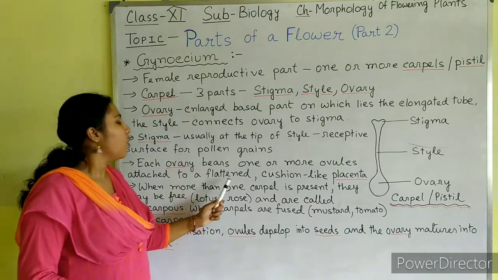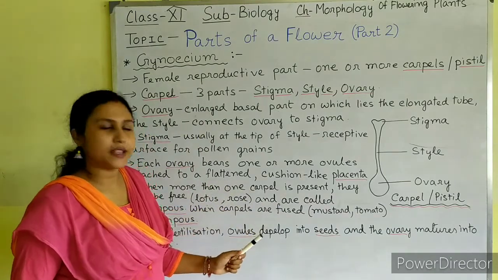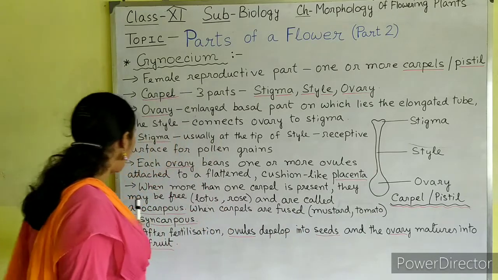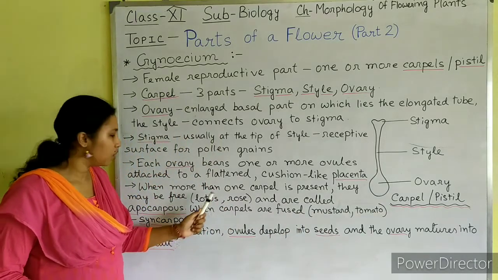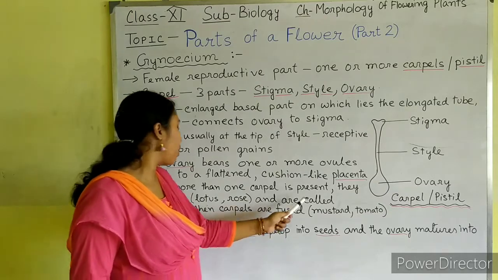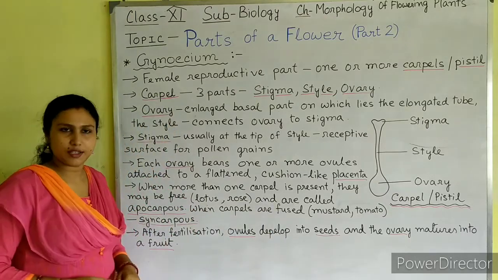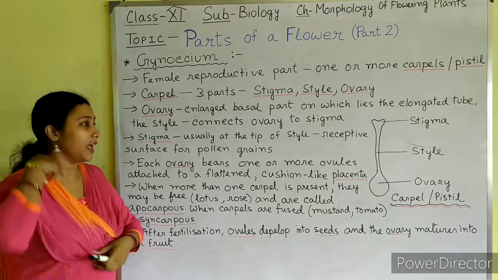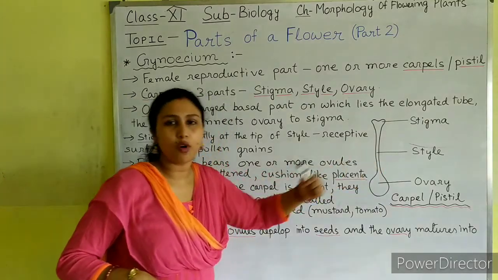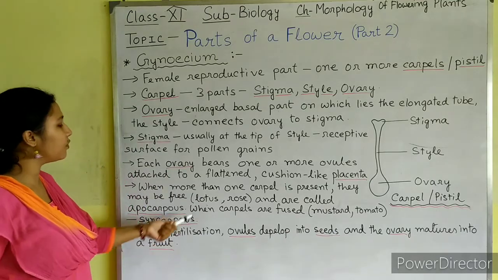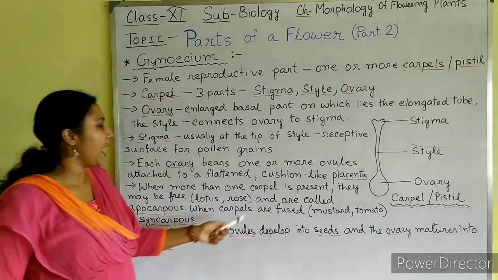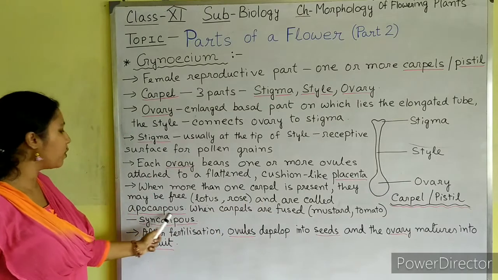When more than one carpel is present, they may be free, as in lotus or rose, and are called apocarpous.